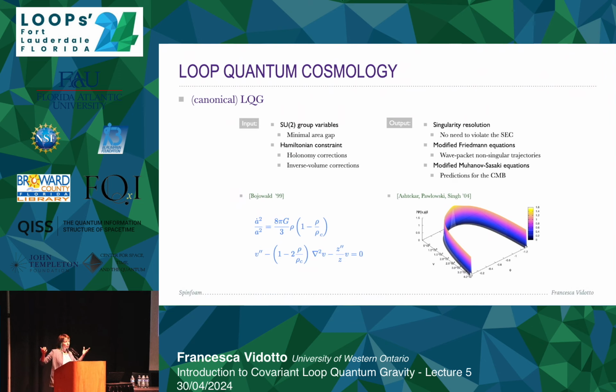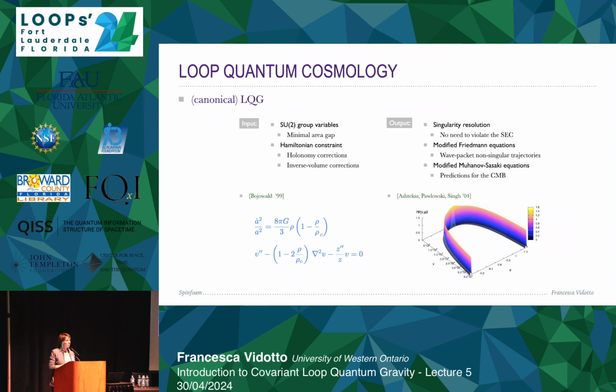But then if you go back in time when the universe was small and dense, there is a deviation with respect to the classical dynamics. So instead of having a Big Bang, you have a bounce. So your equations jump from one solution, from a contracting solution into an expanding solution.